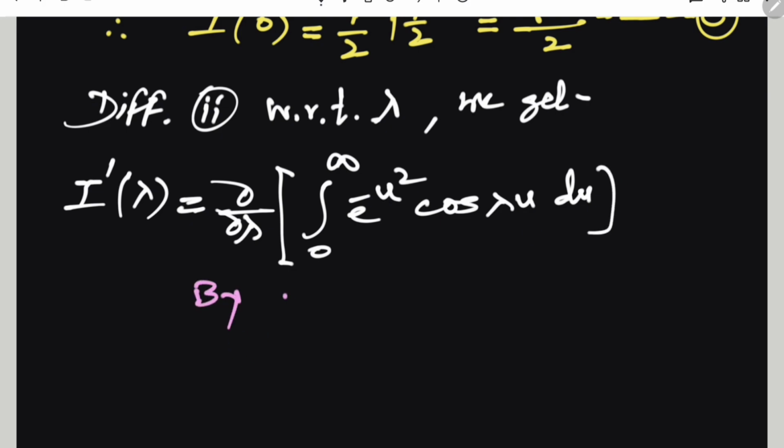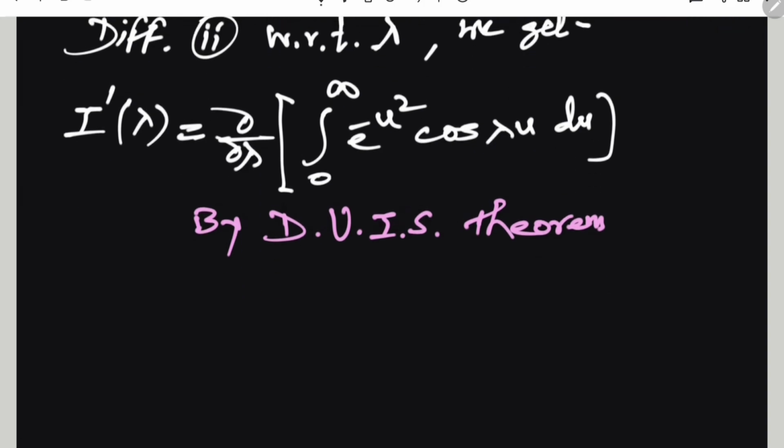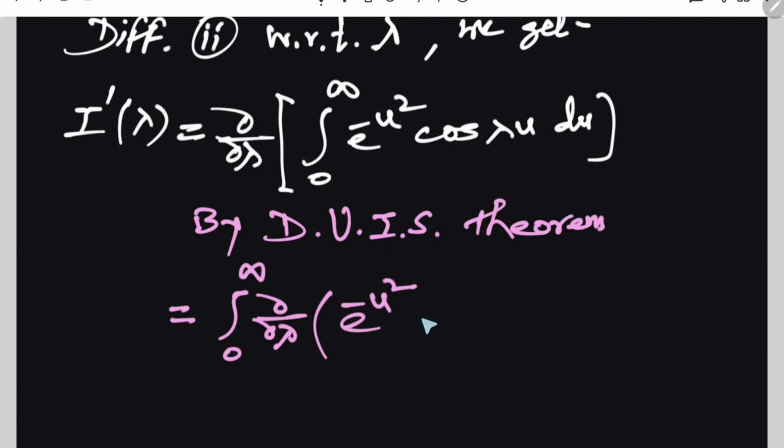Then applying the differentiation under the integral sign technique or theorem, we can interchange the two operators of derivative and integration. Therefore, interchanging the operators, taking the outer as the integration operator and the inner as the differentiation operator, integral from 0 to infinity dou by dou lambda of e raised to minus u square cos lambda u, and then its integration with respect to u.